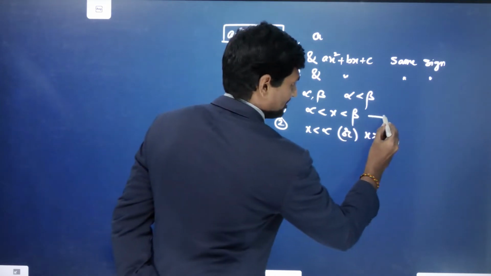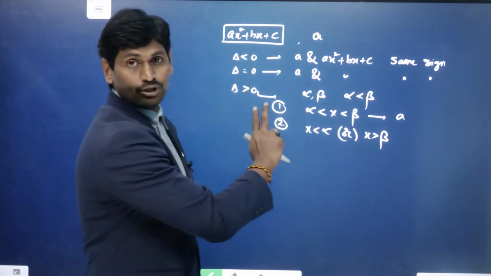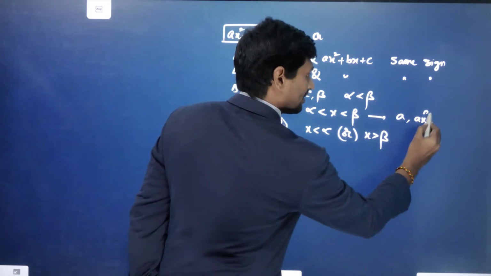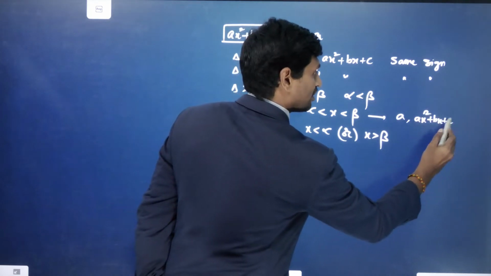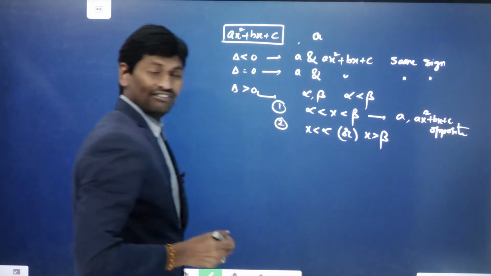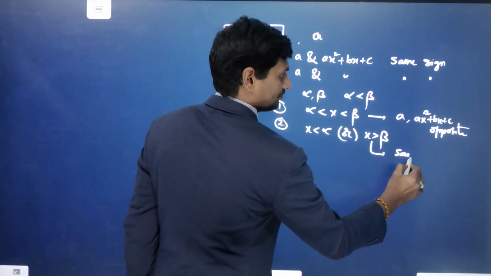Now in the first case, whenever you take x between the roots, a and the expression have opposite signs. Here in this case they have the same sign.